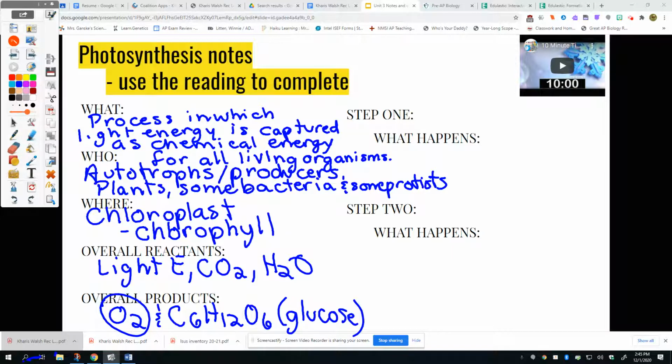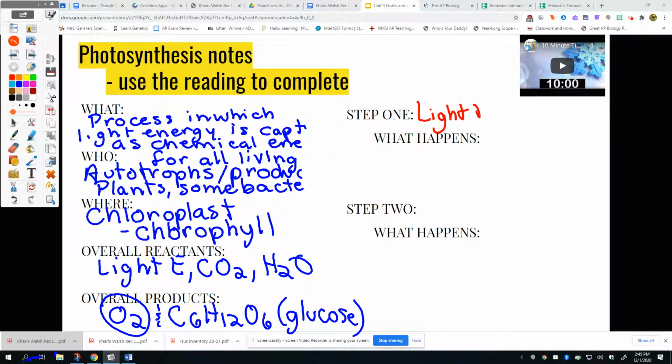So let's talk about some basic steps. There are two basic stages of photosynthesis. And the first stage is the light dependent reaction.